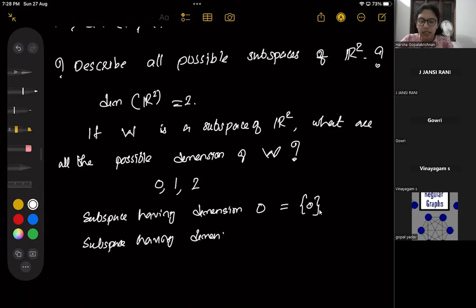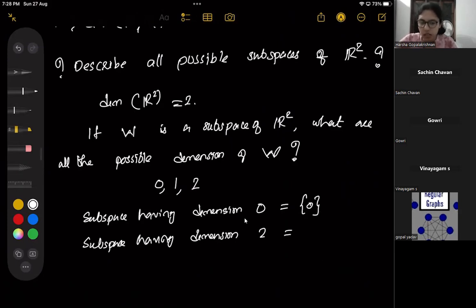What is the subspace having dimension 2? I already mentioned that. Dimension 2 means the basis is (1, 0), (0, 1).